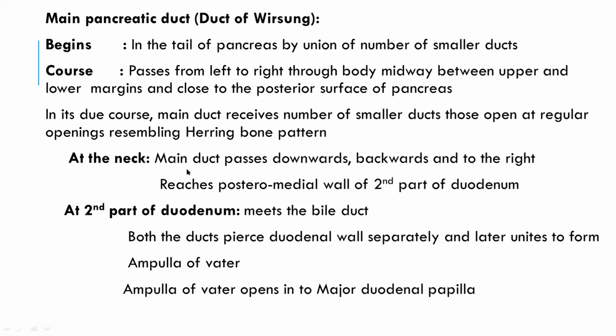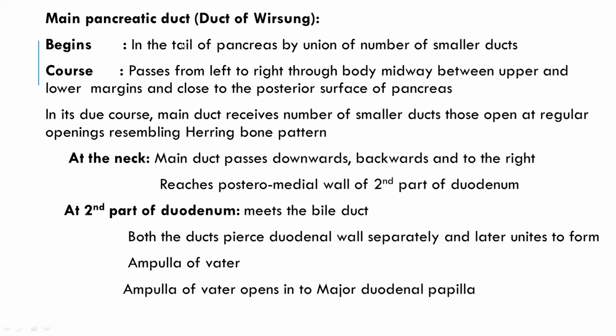At the neck, the main duct passes downwards. It begins within the tail of pancreas, and as it reaches the neck, the main duct passes downwards, backwards, and to the right side. Finally, it reaches the posteromedial wall of the second part of duodenum. You know that the head is embedded within the C-shaped curve of concavity of the duodenum.